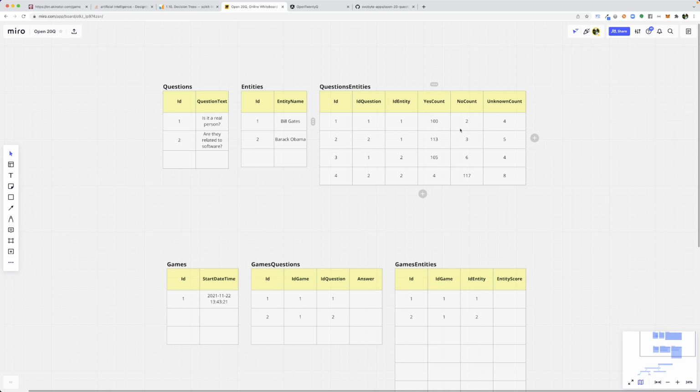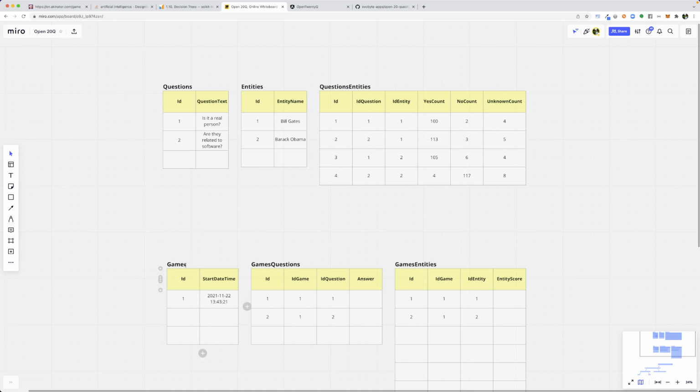And that's considered correct what the user answers, and it gets counted here. So if most people answer yes, then question 1 in relation to entity 1 has a known or assumed correct answer of yes. So basically we trust the majority of our users. And it's similar for no and unknown.